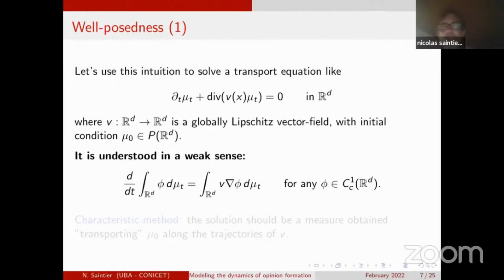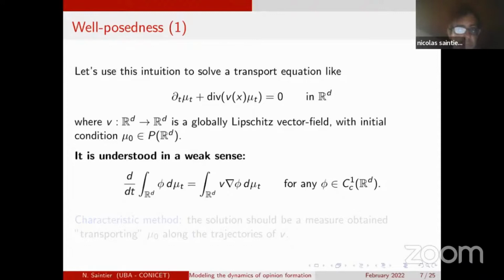But I prefer to stay with probability measures because this is a framework we came up with yesterday, so it's more consistent. So we have an initial probability measure, which is the initial distribution of my quantity, which is conserved in time.